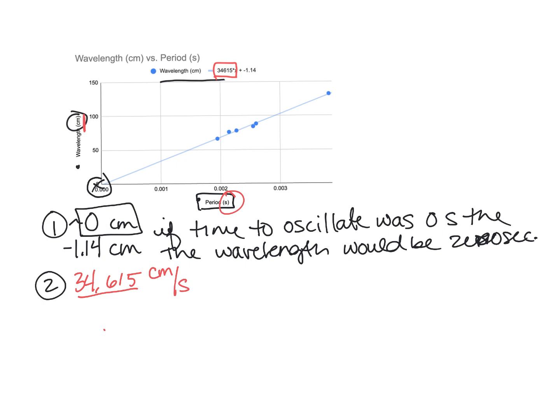Then question 3 says, what does it tell us about the relationship between the two variables? Well, if my slope is centimeters per second, that means every second the sound wave is moving 34,615 centimeters, or there's 34,615 centimeters every second.